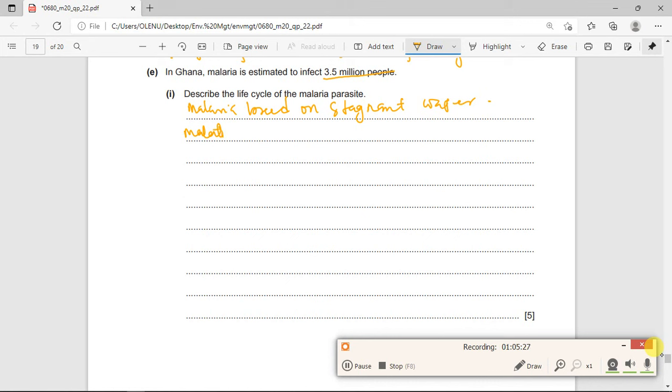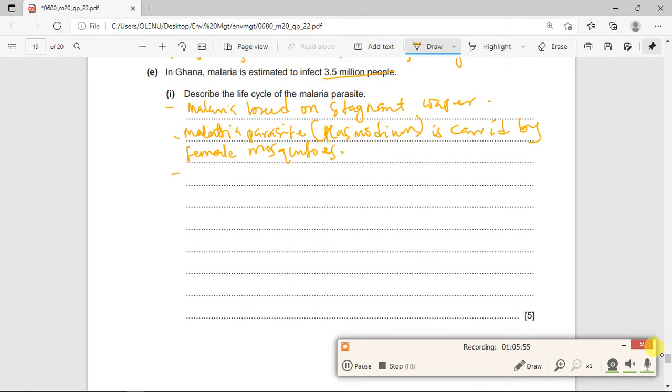The malaria parasite, in bracket, called Plasmodium parasite, is carried by the female mosquito.